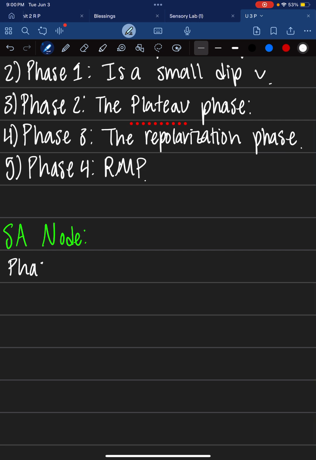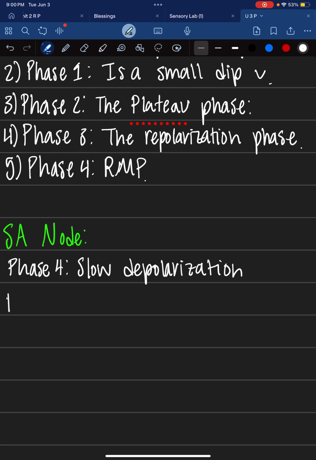So phase 4, it's a slow depolarization. It's called the funny current, where sodium slowly leaks in until threshold is reached.